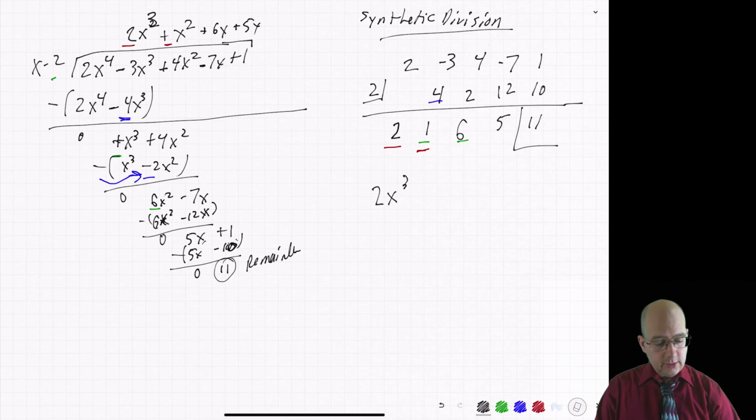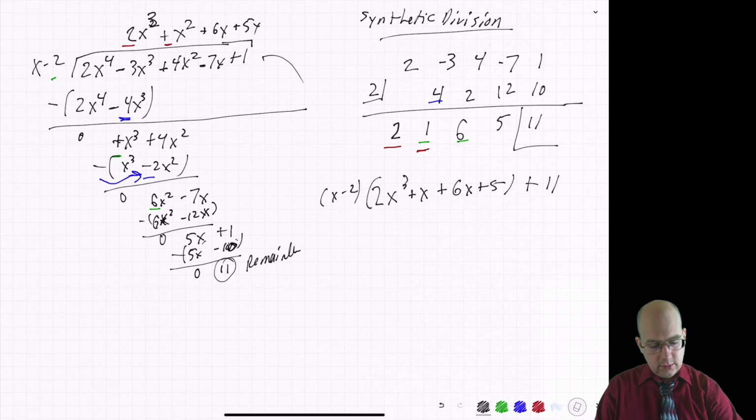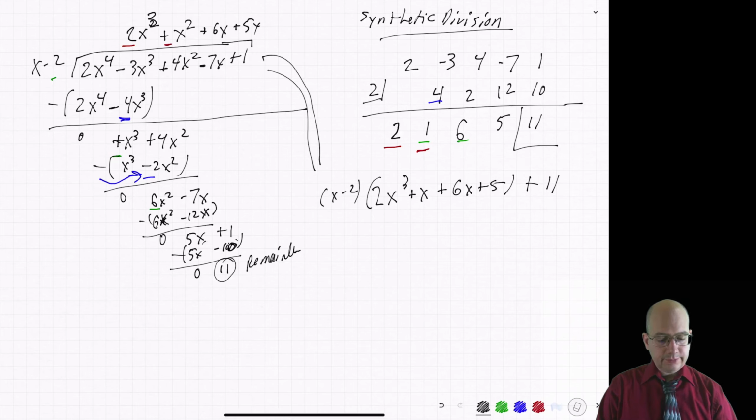So that's a third degree polynomial plus x plus 6x plus 5. Everything was positive. And then all of that times this x minus 2 plus 11 equals that original polynomial. And that's what that says too on top.